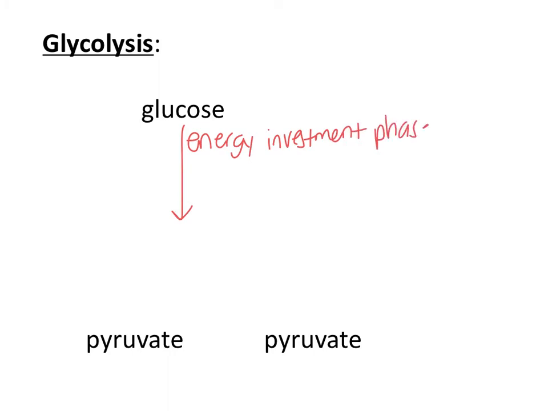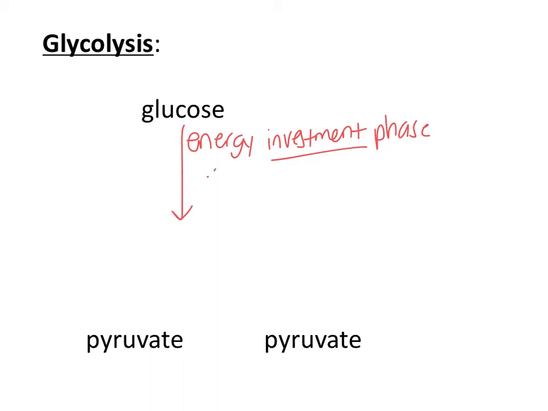The reason it's called an investment phase is because the cell needs to spend ATP to modify it. So the cell is not immediately getting more ATP, it's actually spending ATP that it already had in storage.